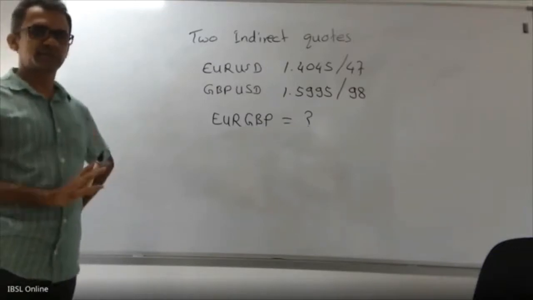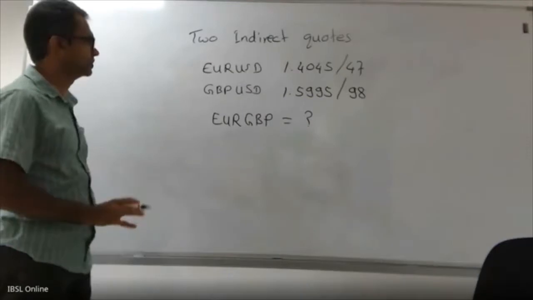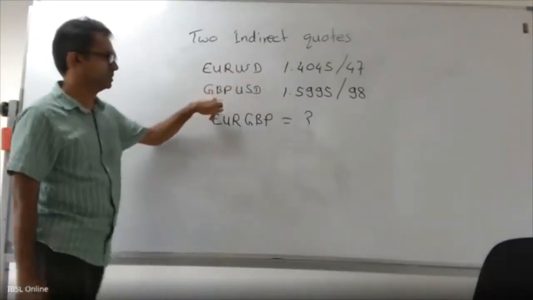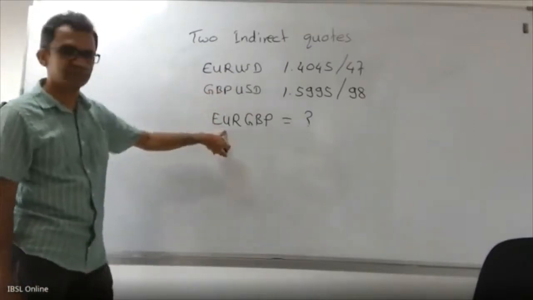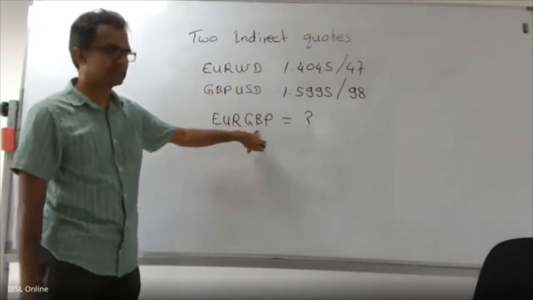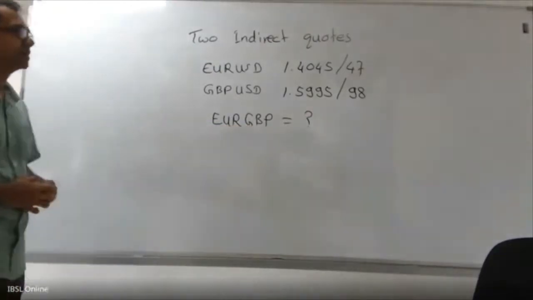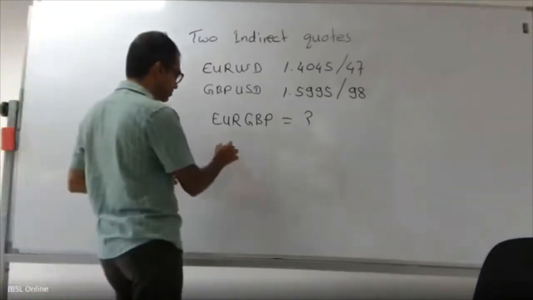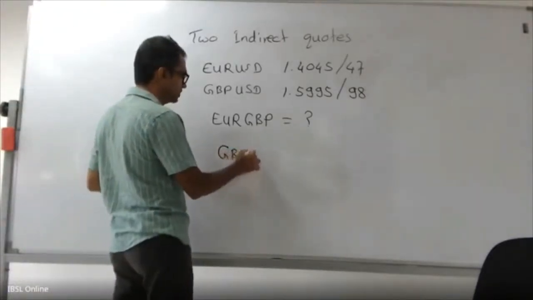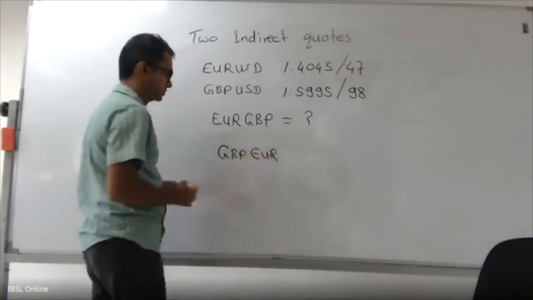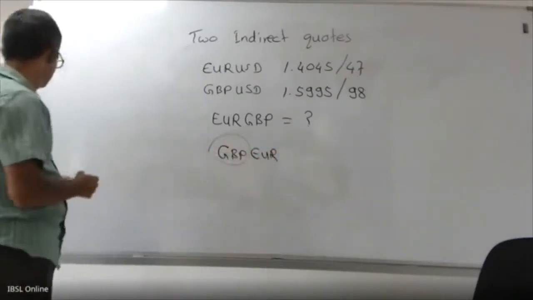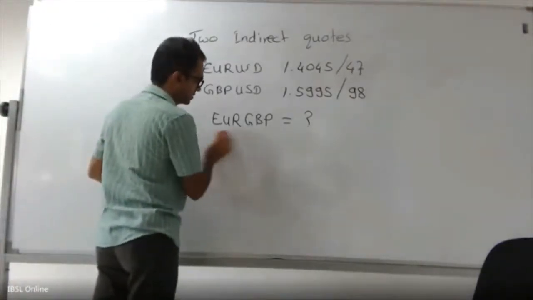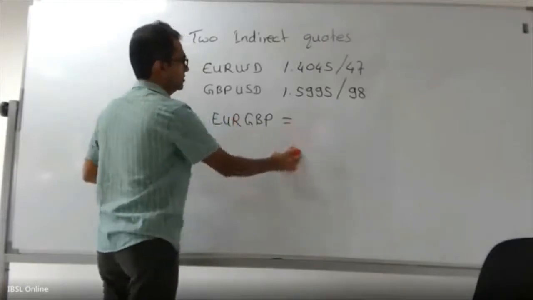So even though sterling is the stronger currency between euro and sterling, in the currency pair the euro is the base currency and the sterling pound is the counter currency. Otherwise, according to the general rule, it should have been GBP against euro, because GBP is the strong currency. But that's not the way we do it; it's euro GBP.